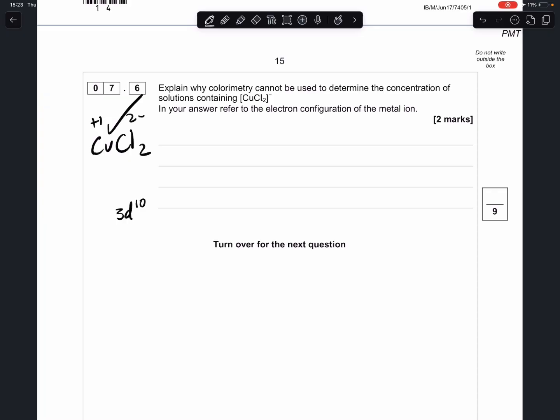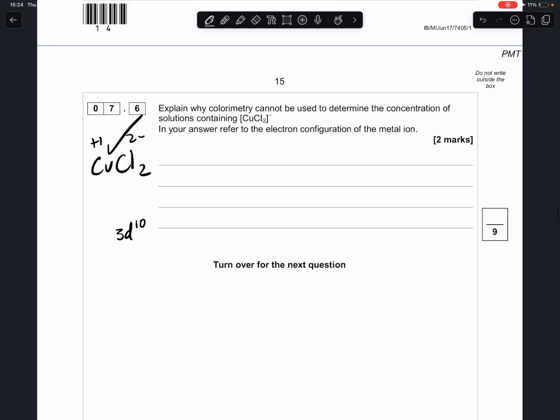That's a stable ion, but this is not an incomplete d subshell. So if we've got a complete d subshell, the d electrons can't be split to different energy levels. You can't have light being absorbed and some transmitted, which gives you the colour. That doesn't happen because we have a complete d subshell. So what you say is 3d10, complete d subshell. So copper has that 3d10 complete d subshell in its +1 oxidation state.